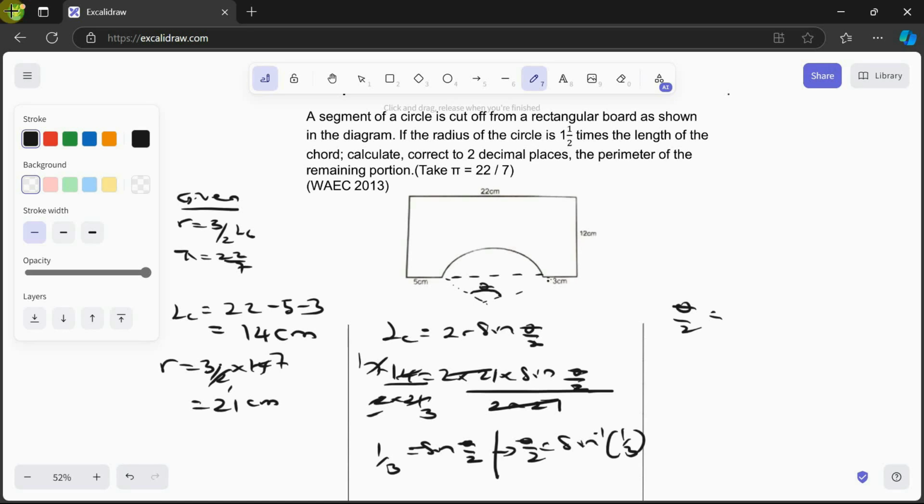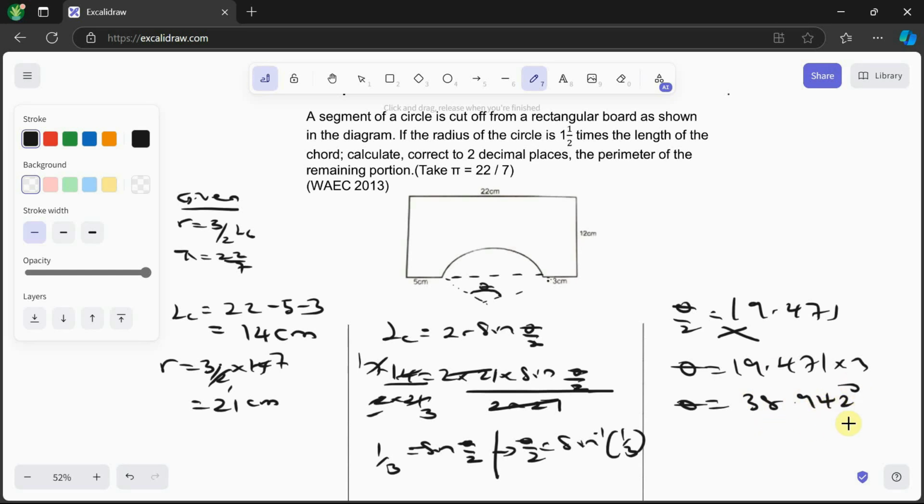So I did it on mine. It gave me 19.471. So if I cross multiply, that will be 19.471 times 2. This gave me my theta to be 38.942 degrees. So that is our theta.